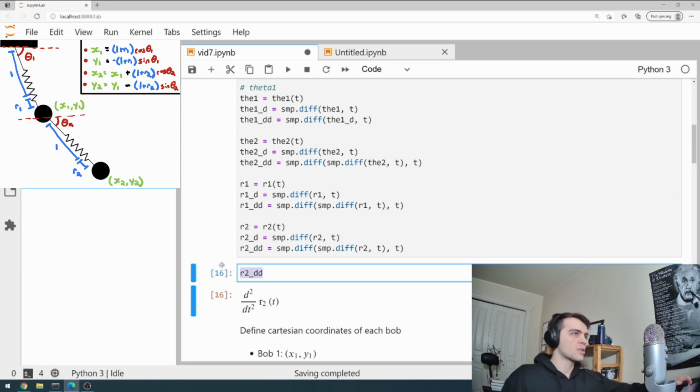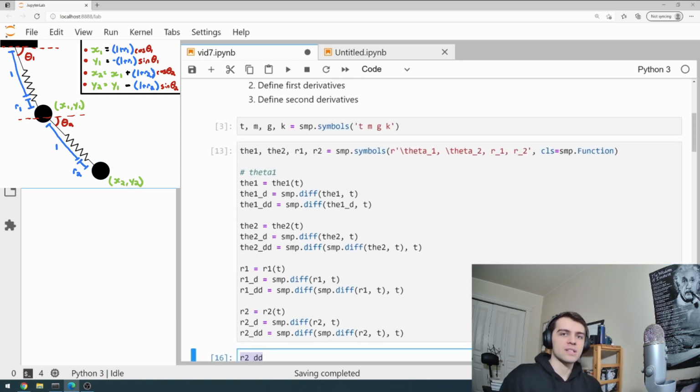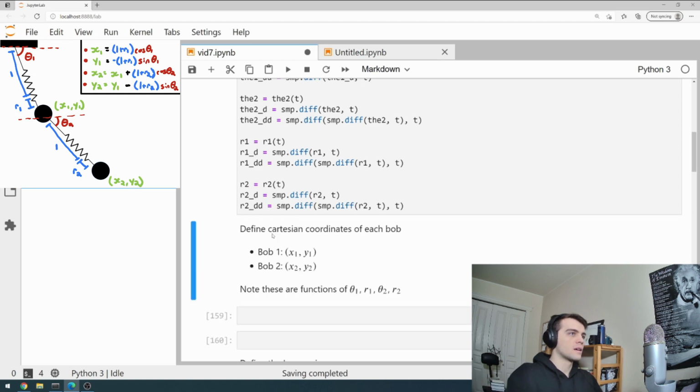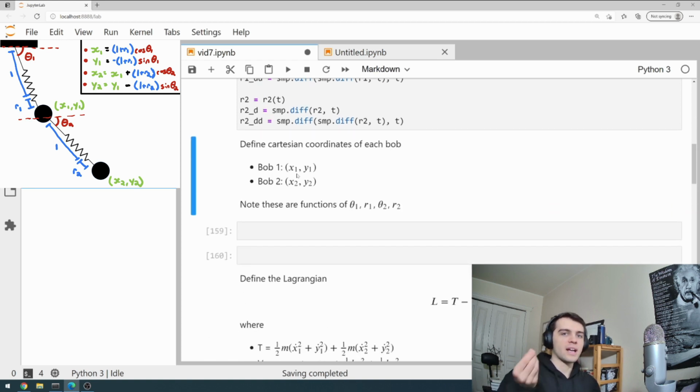And so the next thing we're going to do is we have our r and theta coordinates, and now we're going to define our x and y variables. And x and y, of course, are functions of r and theta. So Bob 1 is located at x1, y1, Bob 2 at x2, y2, and x1, y1, x2, and y2 are all functions of theta 1, r1, theta 2, and r2.